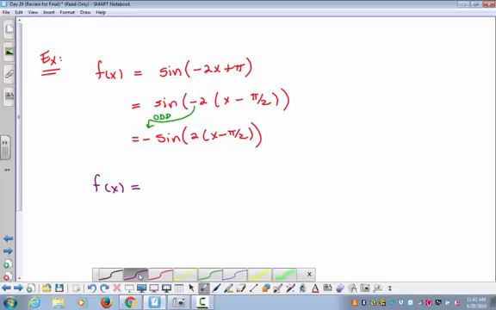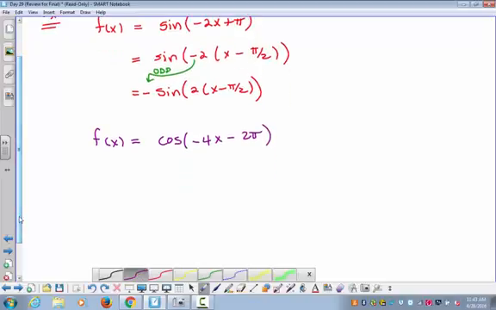If we had something like cosine of negative 4x minus 2 pi, same start point, you have to factor the angle. So you get your angle factored.